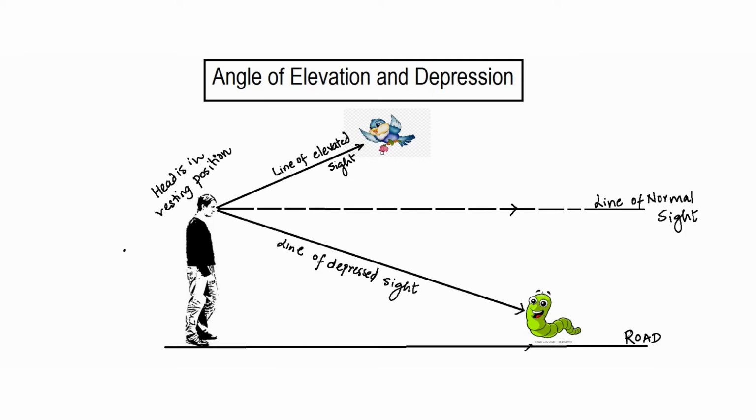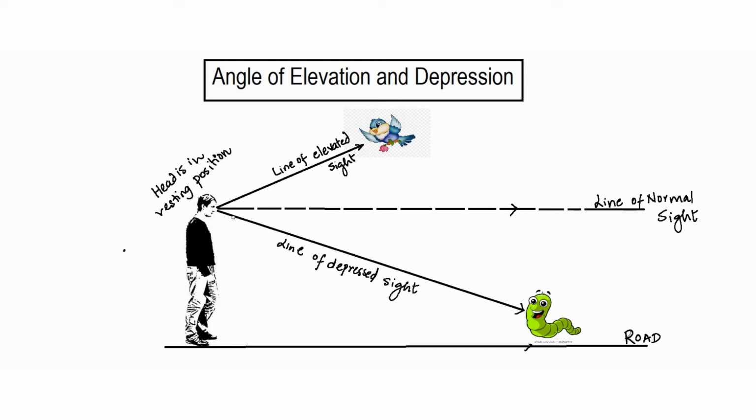Now if he wants to look at some object up in the sky, the object could be a bird, the top of a tower, an aeroplane, a kite, anything that is up in the sky or above his line of normal sight, then that particular line of sight is called the line of elevated sight.